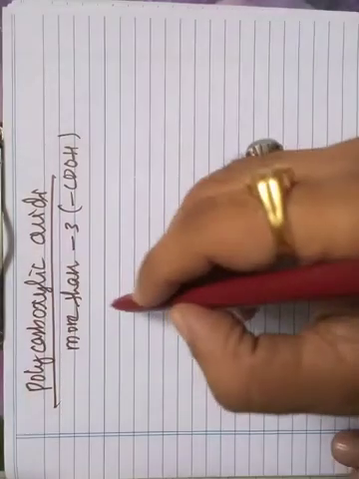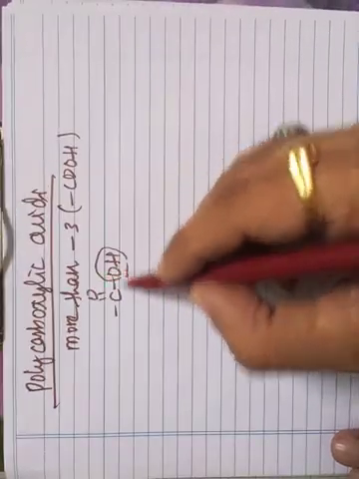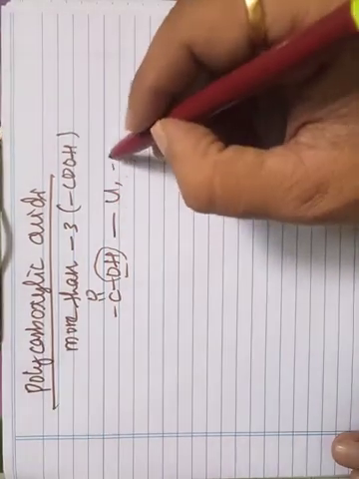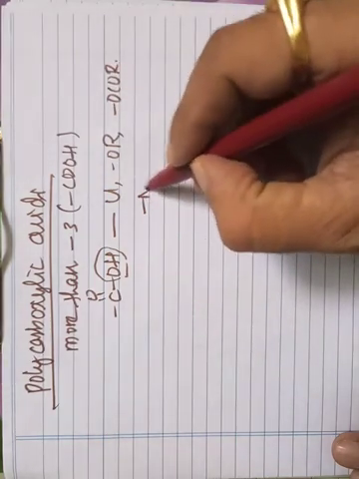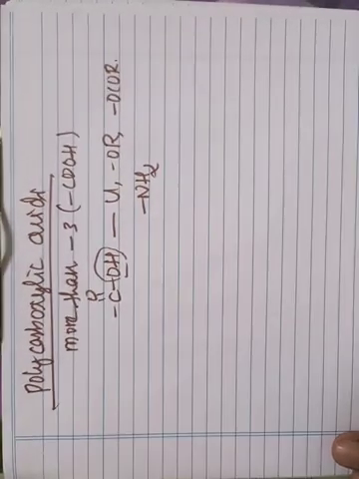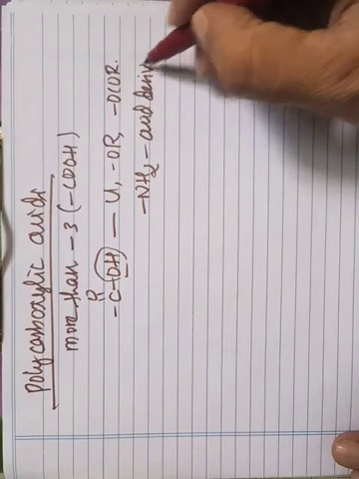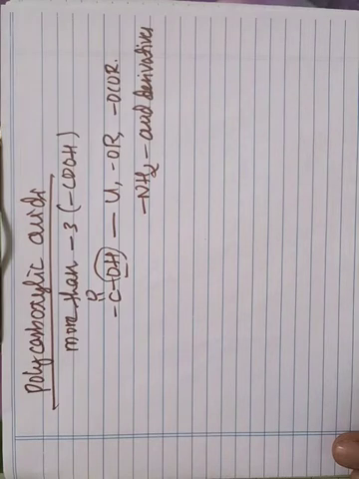When the OH group of the carboxylic group is replaced by groups like Cl or OR or OCOR or NH2, etc., they are called acid derivatives, or derivatives of carboxylic acids.